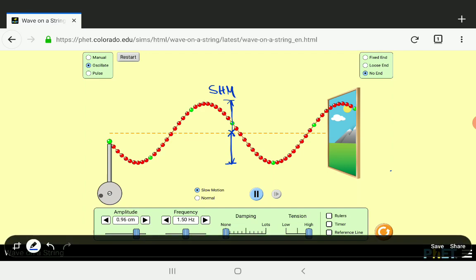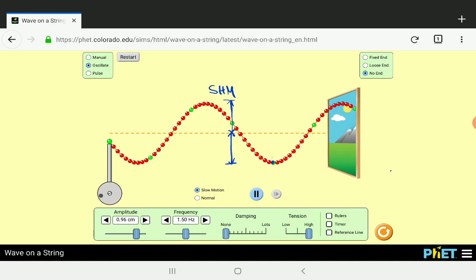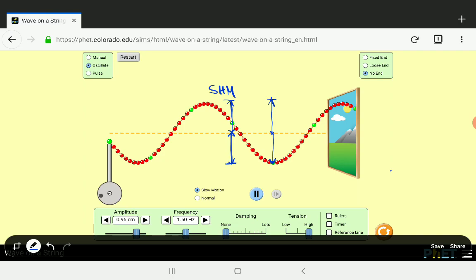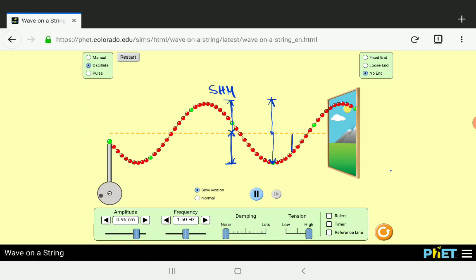Each one of those particles is moving in the same way. If you take this one down here, you will see that it eventually comes to the equilibrium position. It goes up to the same point, and all of them, regardless of where they are at this specific instant of time, they're all in the process of doing that simple harmonic motion up and down cycle.